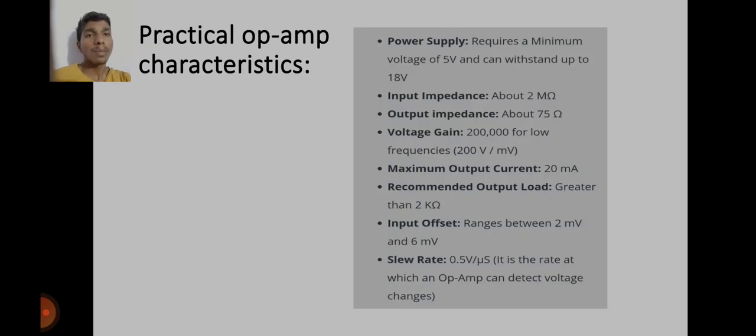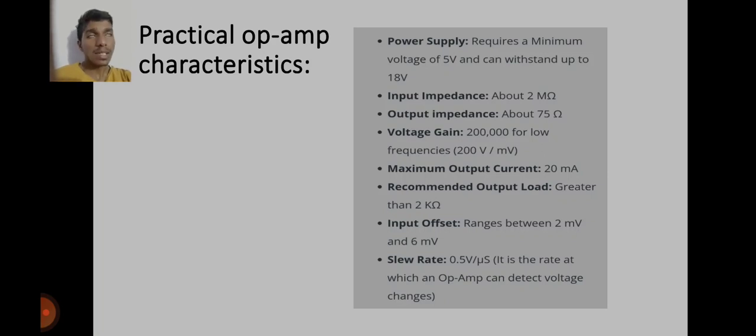When we come to the practical op-amp characteristics, the power supply requires a minimum voltage of 5 volts and can withstand up to 18 volts. The input impedance is about 2 mega ohms.